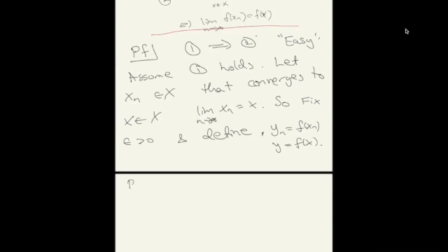Well, by 1, there exists a delta positive so that if the distance from x to y is less than delta, then the distance from f(x) to, let's use a different letter, f(z), because we are already using y, is at most epsilon. Okay, so this is already quite nice, but now we have the sequence x_n.